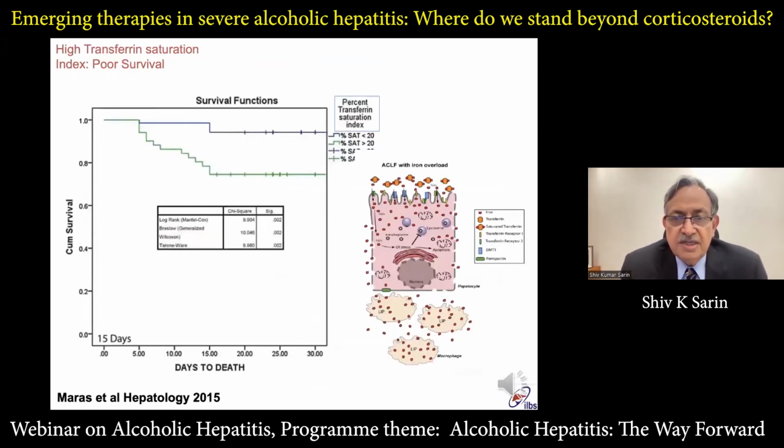You also can do the transferrin saturation index. The TSI, if it is more than 20, you can see that these patients will have poor survival compared to those who have a lower transferrin saturation index. And this shows patients with ACLF have extremely high iron overload.